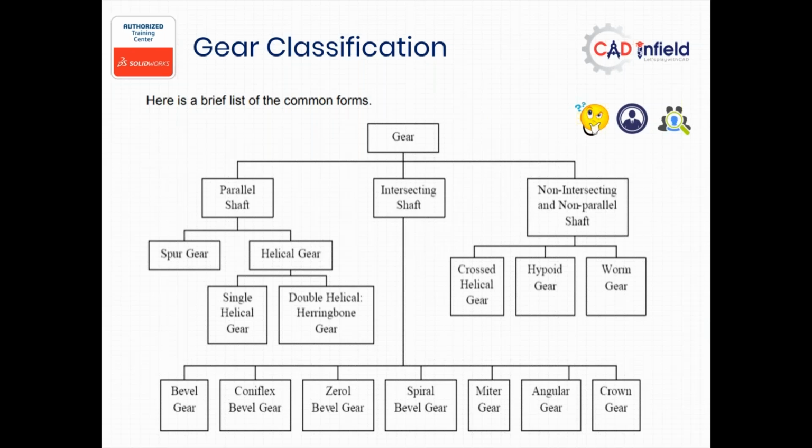Understand, whenever the shaft axes are parallel to each other, as in the example we saw in our earlier slide, we use a spur or helical gear. Whenever the shaft axes are parallel to each other and they are coplanar, on the same plane.